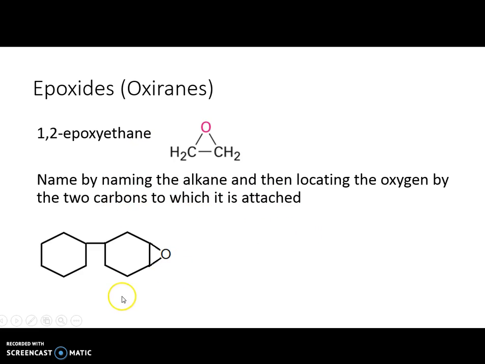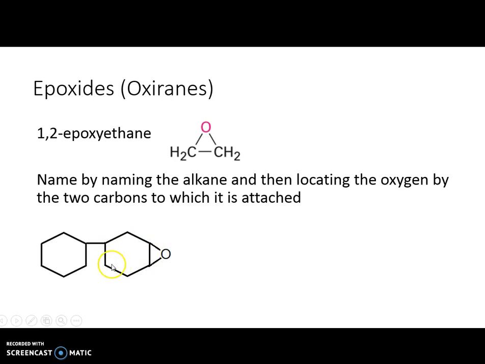Now, let's practice with this. If we look, we can see our basic alkane is a cyclohexane. And where is the epoxy? Because it's a functional group, we want it to have the lowest numbers. So I'm going to call this 1, 2 or 1, 2. Which would work best? If I go in this direction, that gives this group a 4.